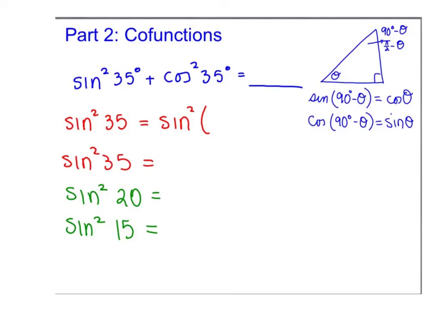You know there's others. Okay, so for instance, over here, if I have sine squared of 35 degrees plus cosine squared of 35 degrees, what you notice here is theta is 35 degrees. Right? So the Pythagorean identity says that the sine squared of 35 plus the cosine squared of 35 is 1. Because 35 is theta. So 35 can also be written as 90 minus 55.